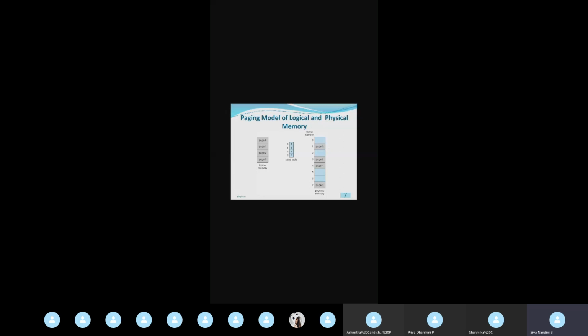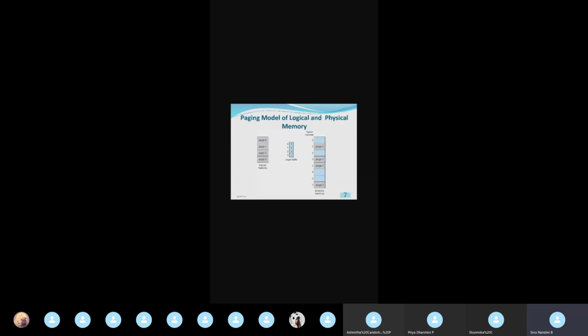That is page 0, page 1, page 2 and page 3. So in this paging concept, we'll be dividing the physical memory into several frames of fixed size. In logical memory, it will be divided into several pages of fixed size. In the previous case, that is in segmentation, the program is divided into segments, like that only we saw.